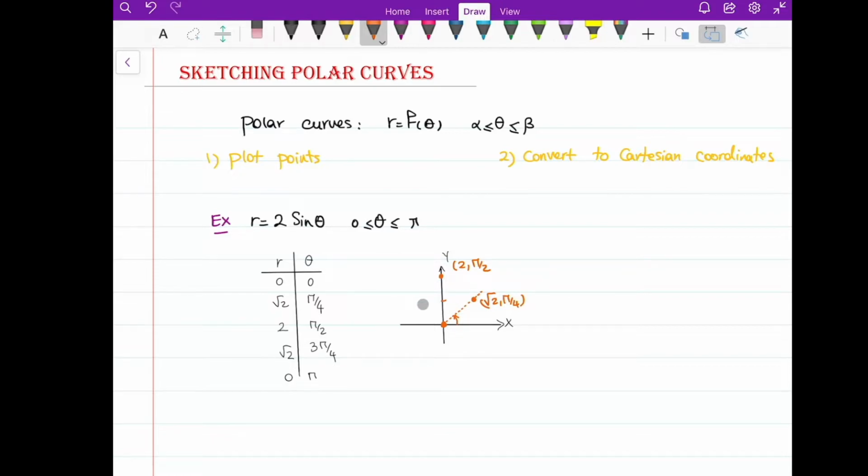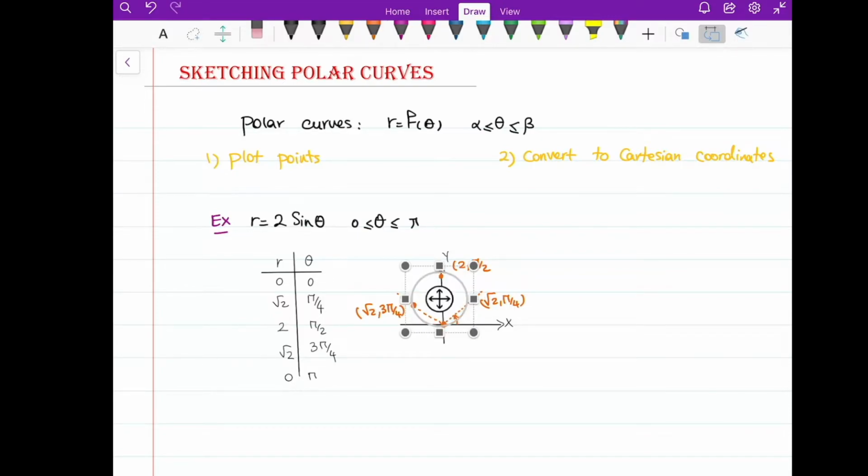Then I go to 3 pi over 4, and then just assume that somewhere in here would be root 2 and 3 pi over 4, and then 0 and pi. When r is 0, we always have the origin. So if I want to connect the points, I get like this. Just assume that it's a nice circle.